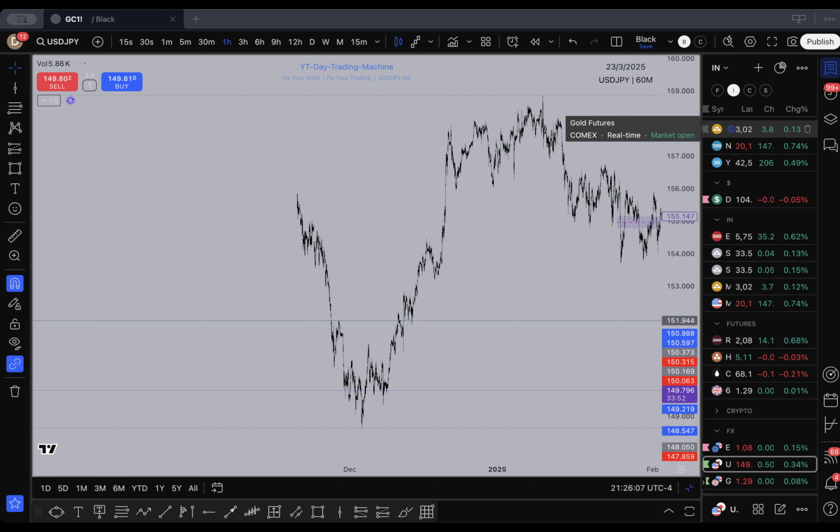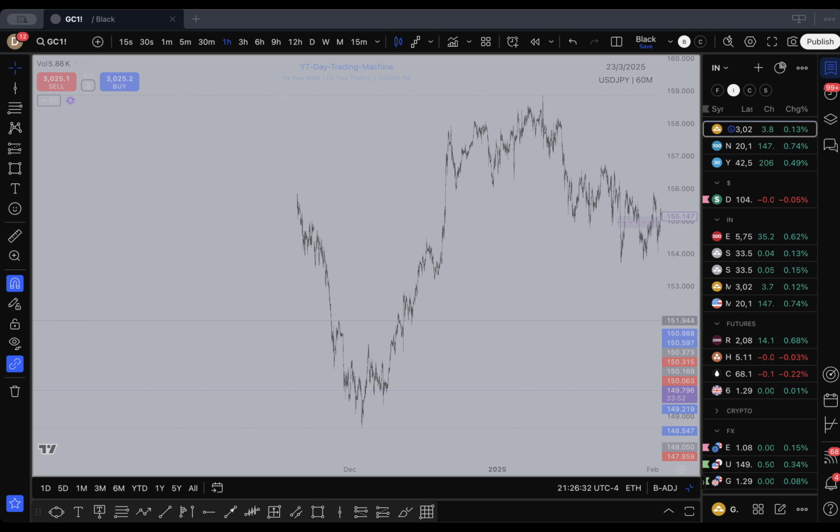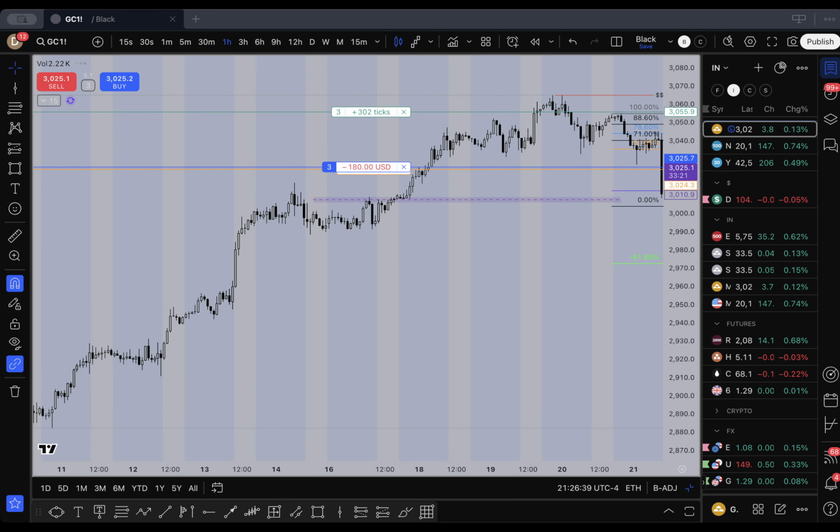Train your eyes to see one side. You don't get stuck in analysis paralysis. I honestly would do a lot more longs on gold just because the bias is there. Unless that bias changes, I would just be in longs.